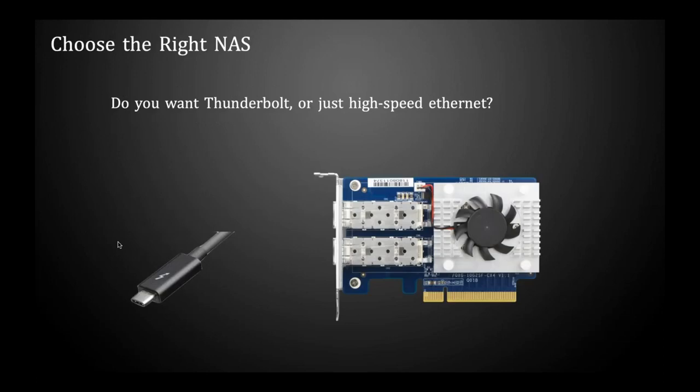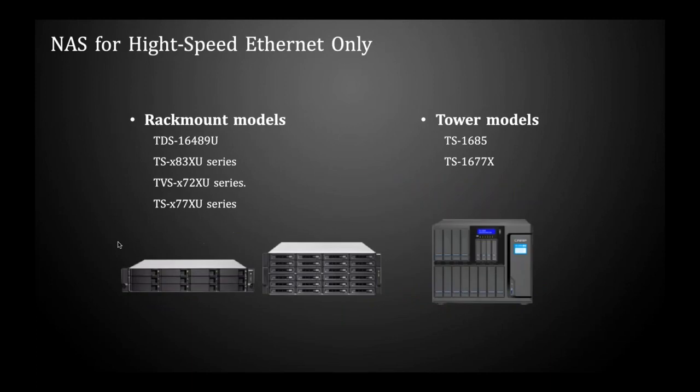So once you decide how you want to configure your NAS for your needs, how do you choose the right NAS? One thing you might ask yourself is, do you want to be able to use Thunderbolt or not? Or do you just want to use high-speed Ethernet? If you just want high-speed Ethernet, we have some excellent options for our rack mounts.